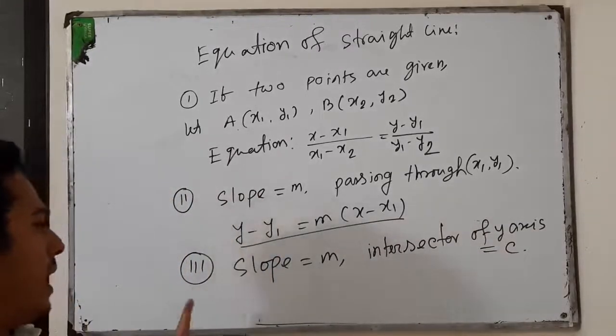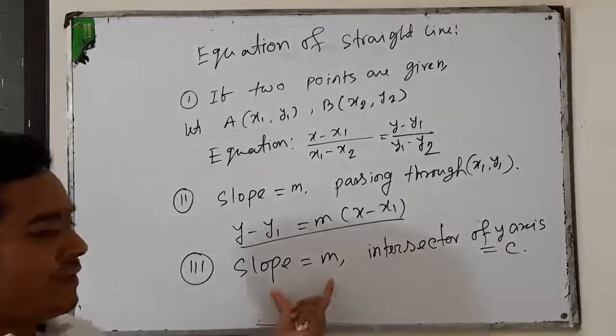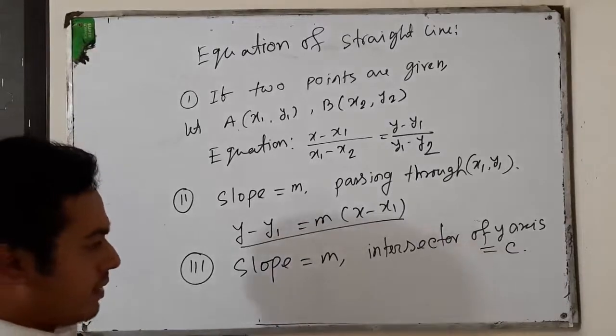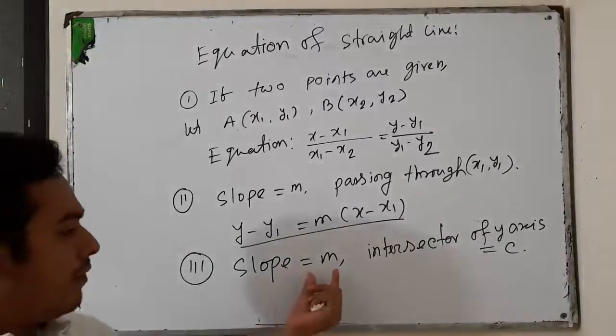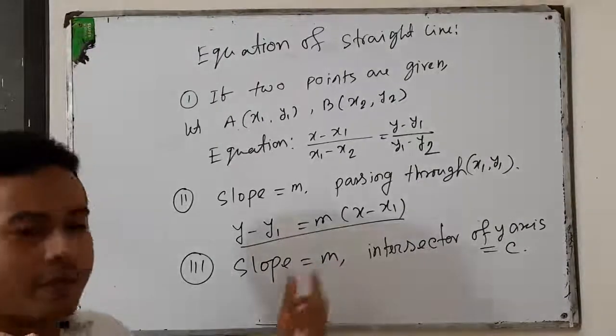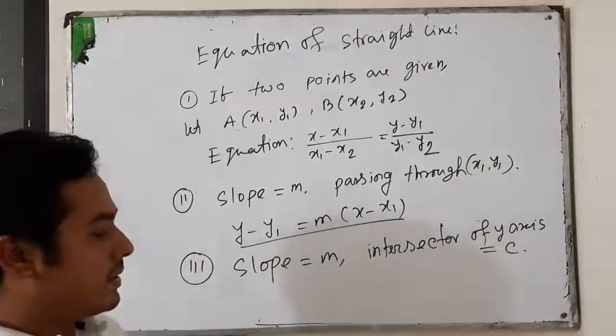This is the third type of equation of a straight line. Slope is given, intercept of the y-axis. Already we know the value of the slope of a straight line. Already we have discussed the slope of a straight line. But the intercept of the y-axis, what is it?